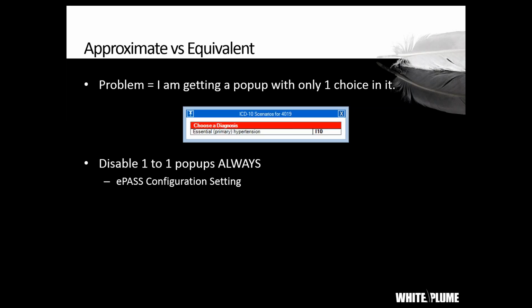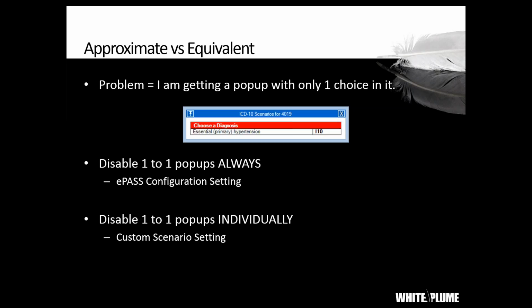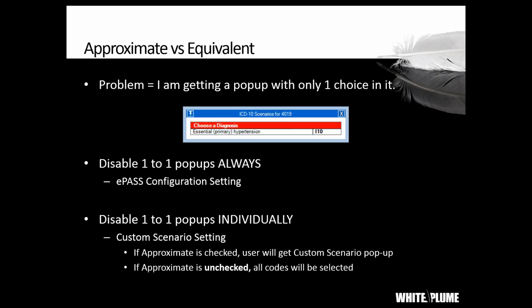I'll show you where that setting is so that you can make that change. If you want to be a bit more fine-tuned in how you manage that, maybe there are some times that you want that pop-up to show with just one choice in it, you can do that on a code-by-code basis through a custom scenario setting. And I'll show you how that works. It's in the approximation setting. It's one of the things you'll see at the top of the custom scenario editor.